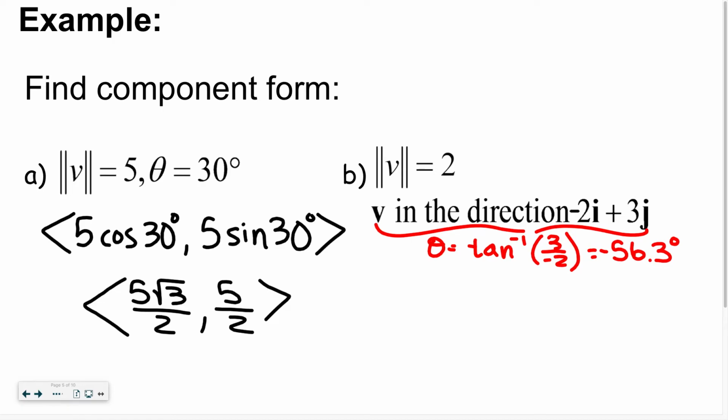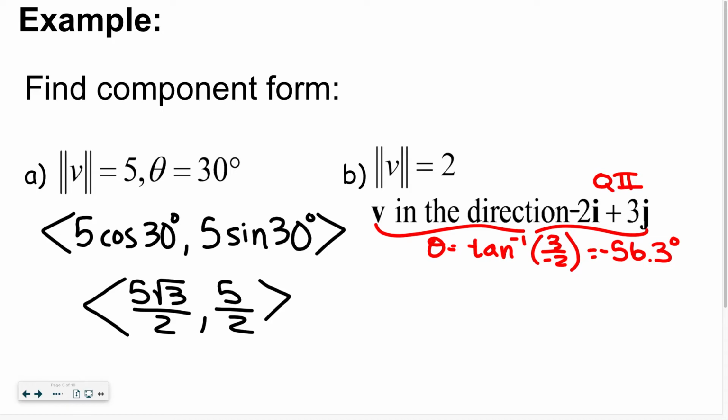No. It's supposed to be between 0 and 360. In which quadrant would that direction angle or that vector lie? Negative 2i plus 3j. Quadrant 2. Left 2, up 3.